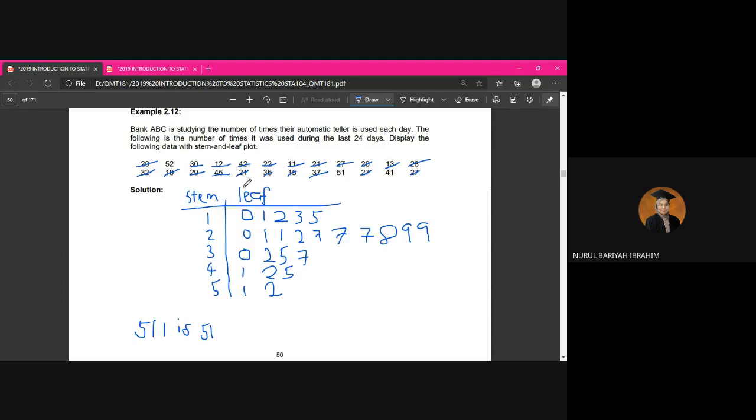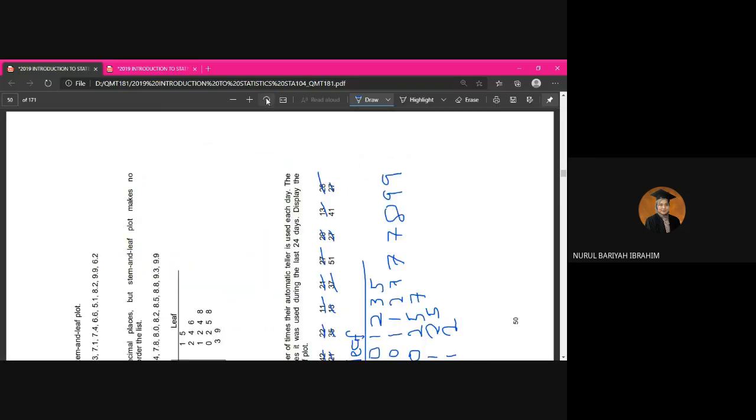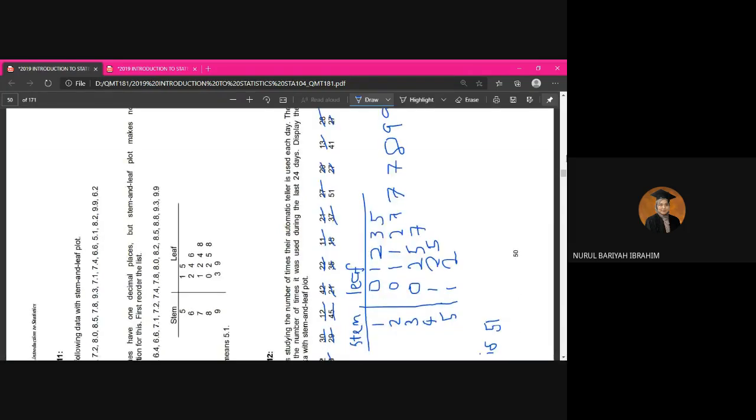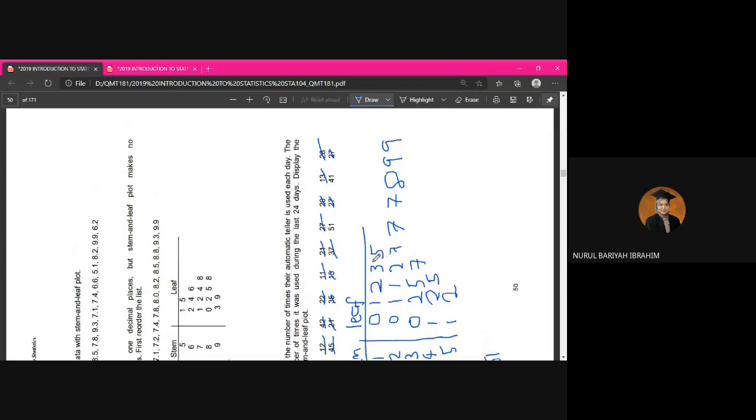And then untuk tengok dia punya distribution of data, so cuba you jadikan dia like this. Okay, so we can see that the distribution is quite skewed, right?